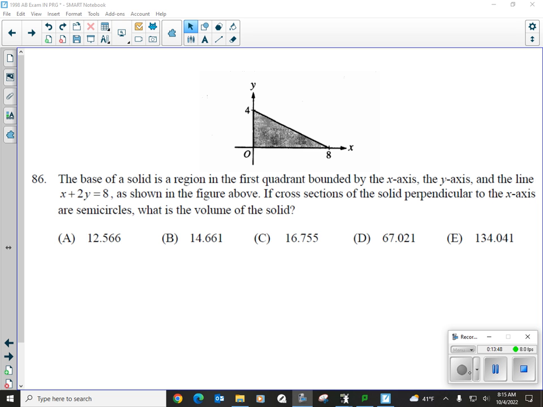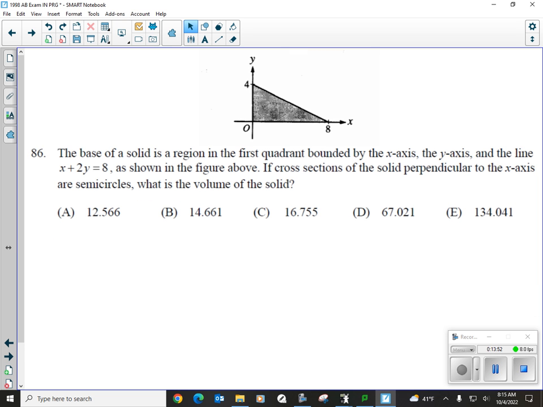Number 86, the challenge here is the setup. We have the use of a calculator, so we are going to use that. Number 86 says, the base of a solid is a region in the first quadrant bounded by the x-axis, the y-axis, and the line x plus 2y equals 8.